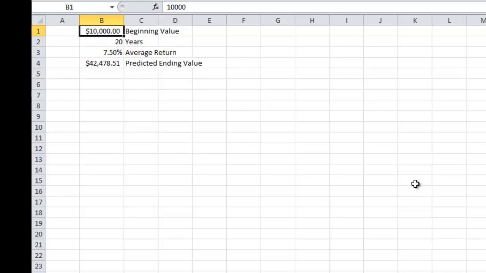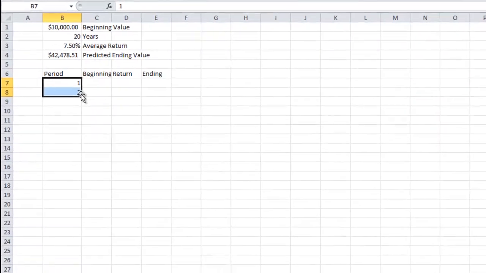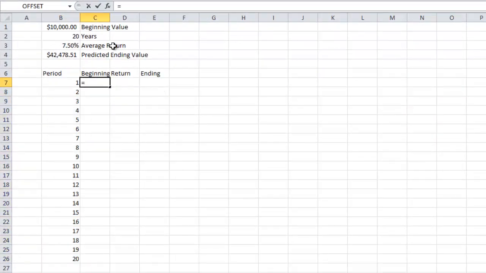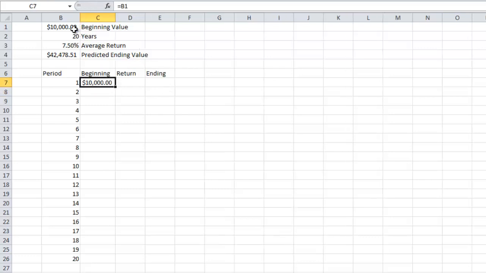So if you started with $10,000, invested it for 20 years, and earned 7.5%, you would end with $42,478.51. In essence, what you're doing is this. For 20 periods, I'm starting with 10,000, and I'm going to get this return, 7.5%.